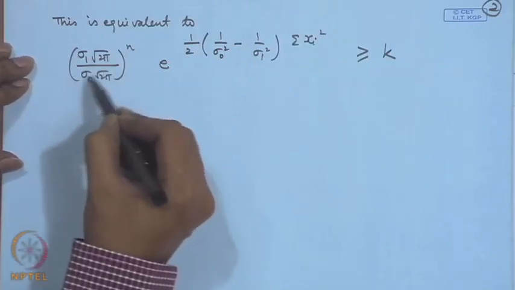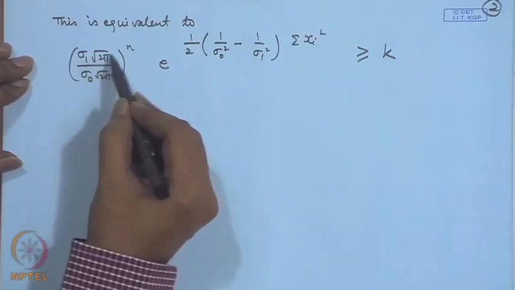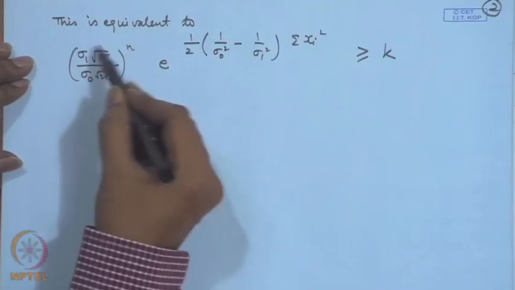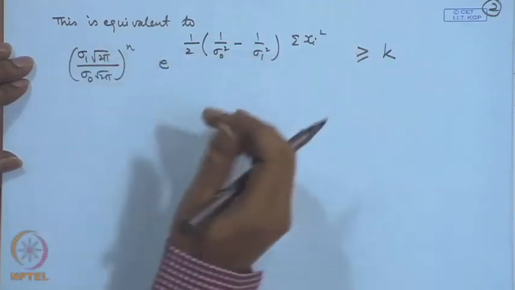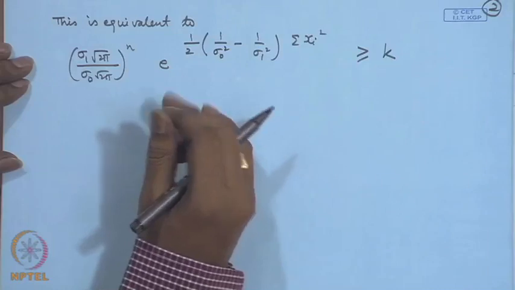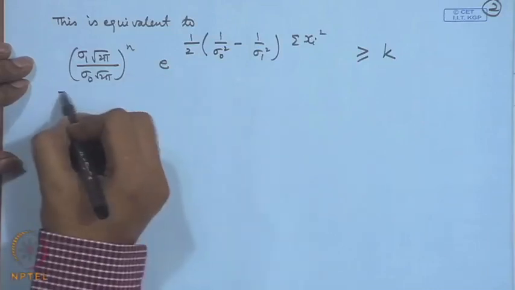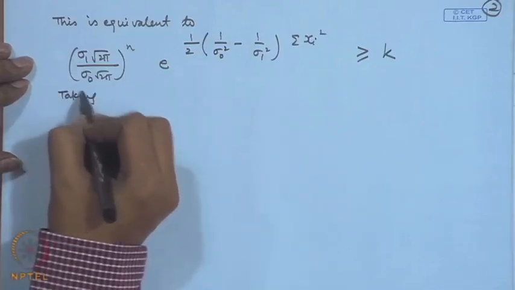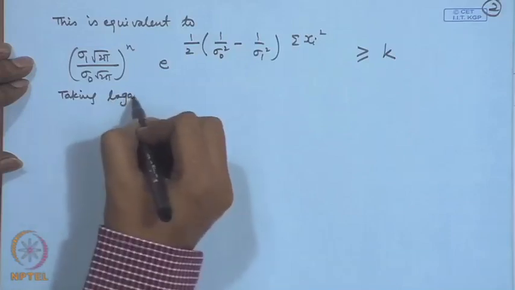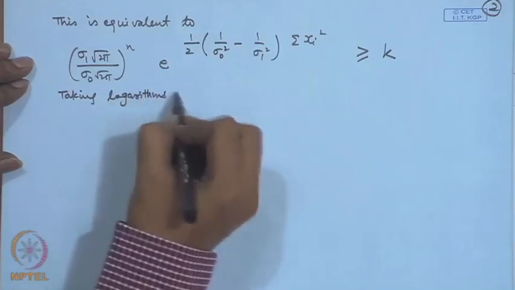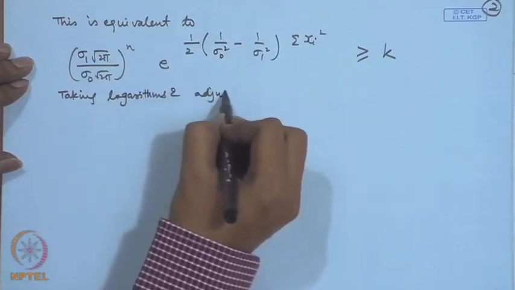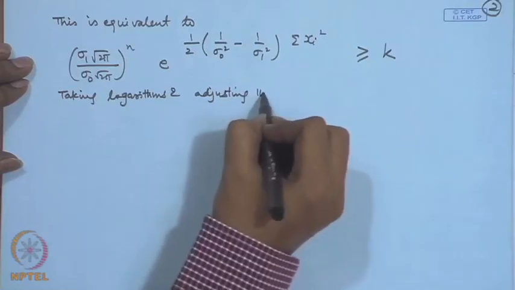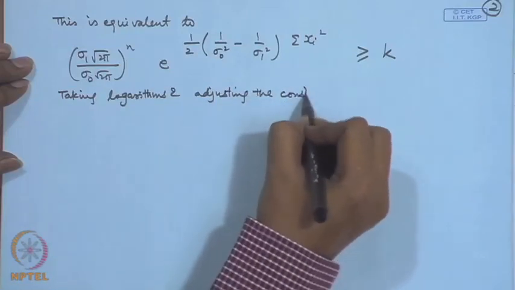Now, in this problem sigma naught and sigma 1 are known constants. So, I can adjust this here. I can also take logarithms and adjust the constants.